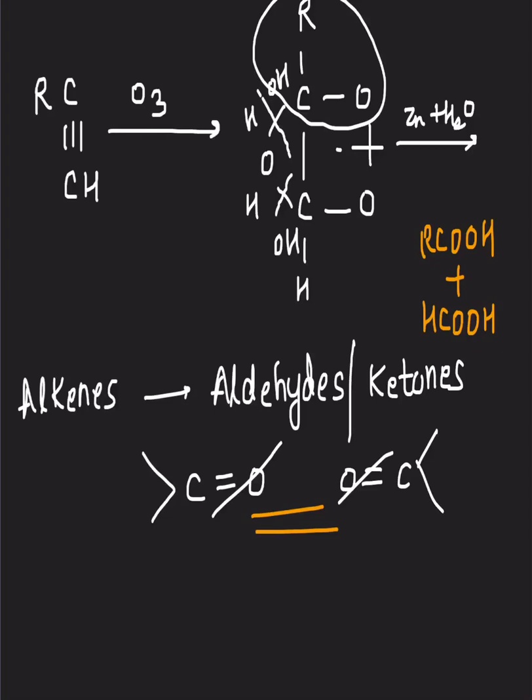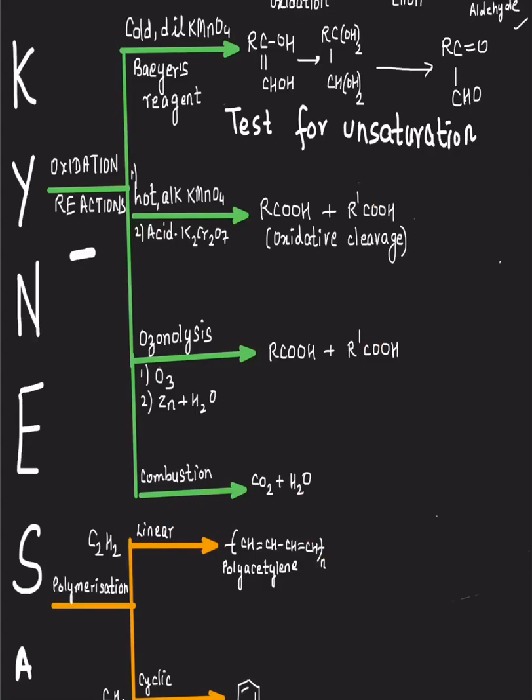Again, it is possible to determine the position of the triple bond, but the product is different from those of the alkenes, although the mechanism remains the same. Interesting. So if you see the chart over here, we've got cold dilute KMnO4. You can do away with this step if you want, and we've got the product here. Then hot alkaline KMnO4 or acidified potassium dichromate, we get the corresponding acid.